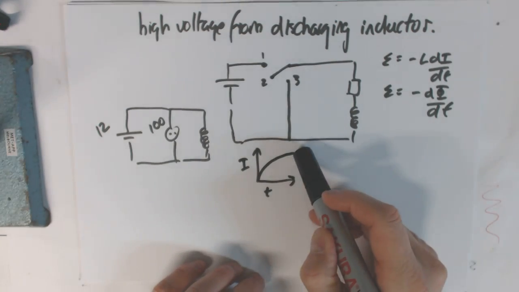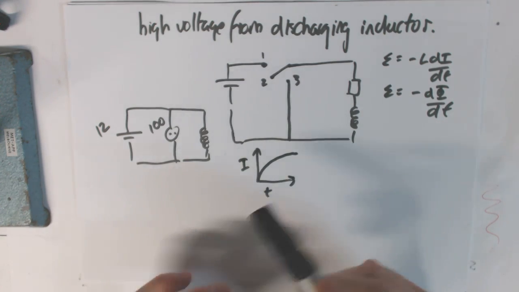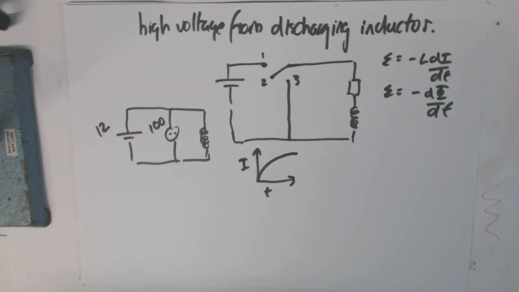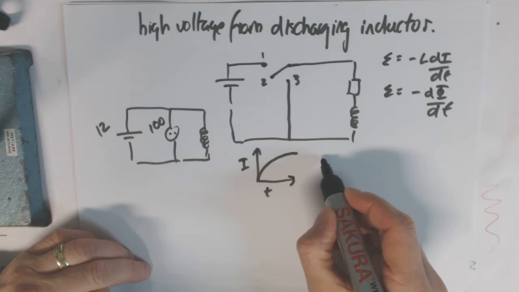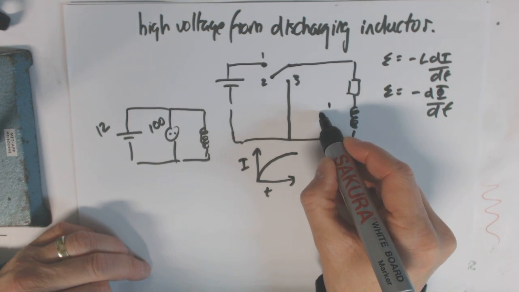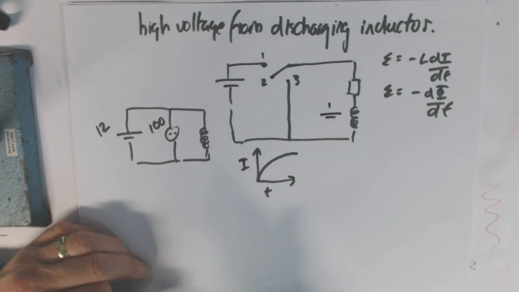But after it got up to maximum and stayed stable, there's a high flux in there, but it's not changing, so there's no voltage there. When it was charging up, it will have produced a voltage to oppose the supply voltage, like this, to try and oppose that one. That's when it was charging.